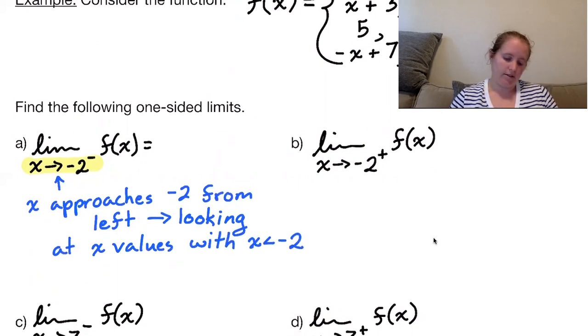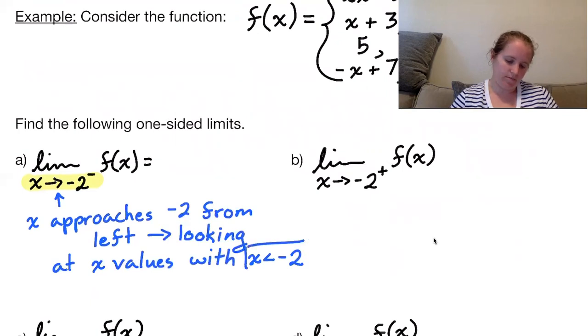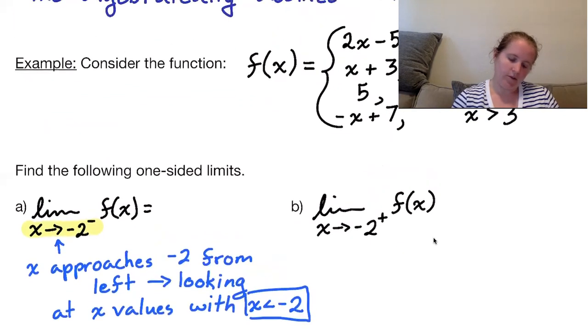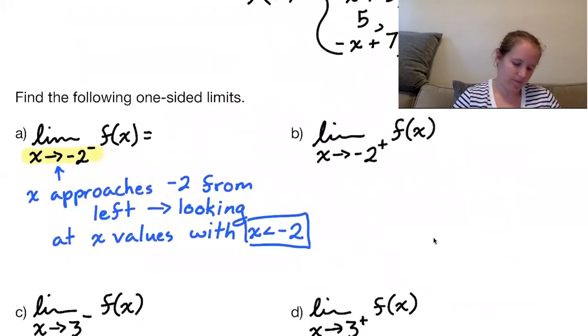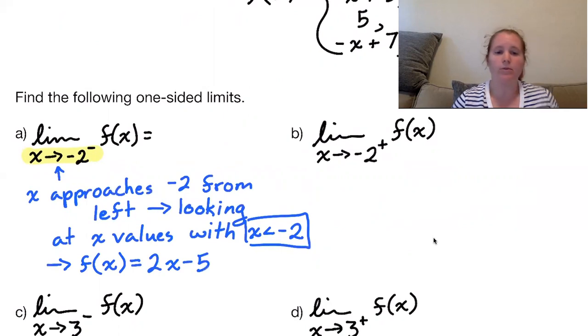So on this stretch, the function is behaving as 2x minus 5. So f of x is just 2x minus 5.